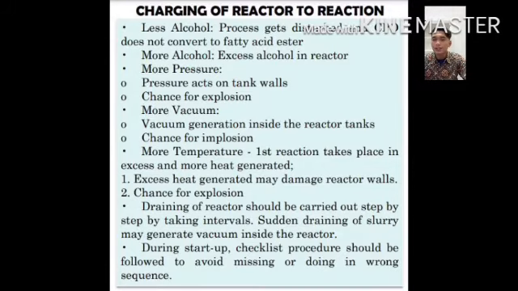More vacuum, which is vacuum generated inside the reactor tank, is a chance of implosion. More temperature, which is excess heat generated, may damage the reactor wall, a chance for explosion. Draining of the reactor should be carried out step by step at intervals.